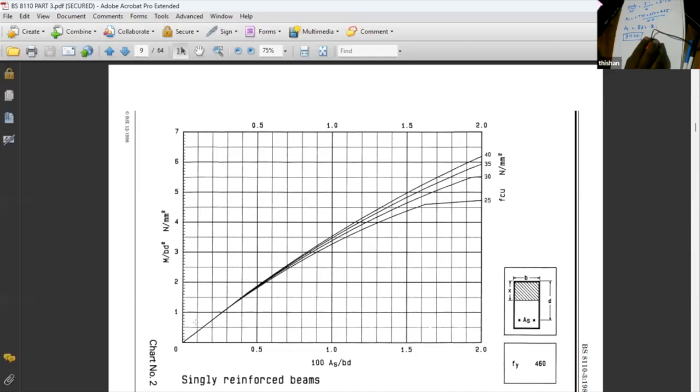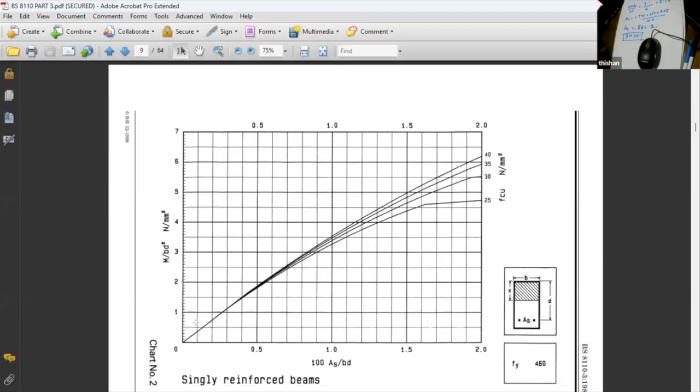If you are using grade 460 steel, the equation is 100 A_s over b d equals M over b d squared divided by 4 plus 0.05. But for Eurocodes, it's just divided by 4. That's the theory. Got it?